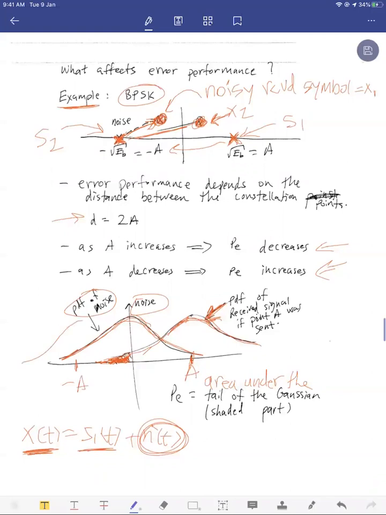So somebody was asking why is it shifted? Pauline, you asked why it is shifted. The received signal is just x of t, and x of t is S1 plus n of t, right? N of t has this PDF. Now S1 of t is not a random variable.